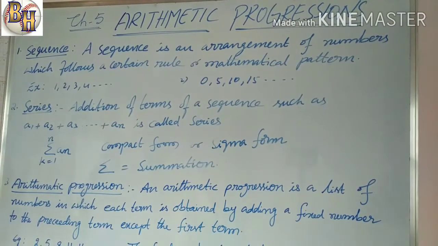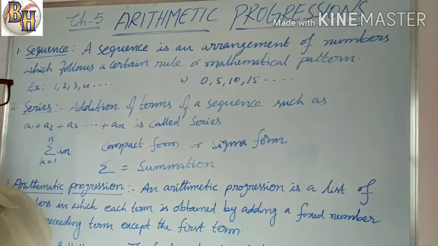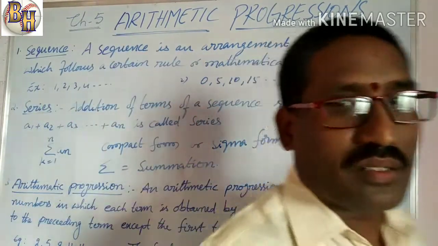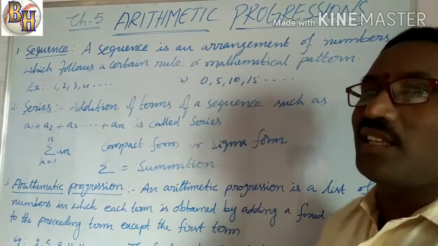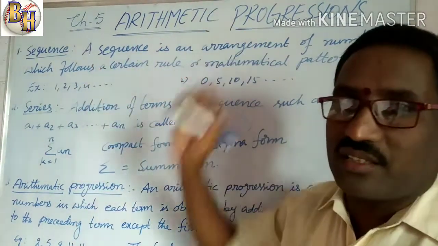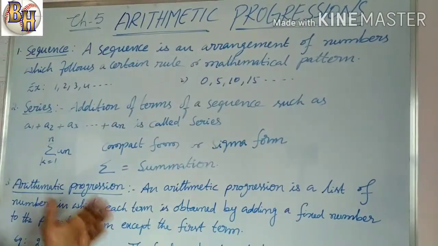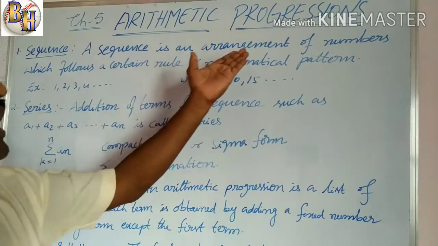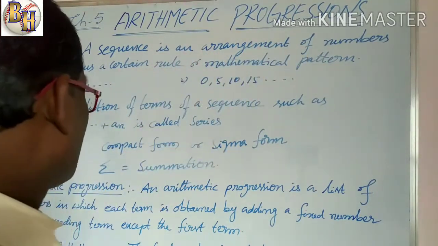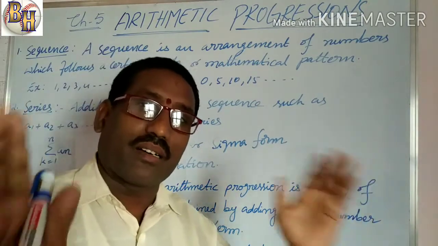Now in Chapter 5, Arithmetic Progressions, this is a very important chapter. Be careful. First, see what is a sequence. What is the meaning of a sequence? A sequence is an arrangement of numbers which follows a certain rule or mathematical pattern.